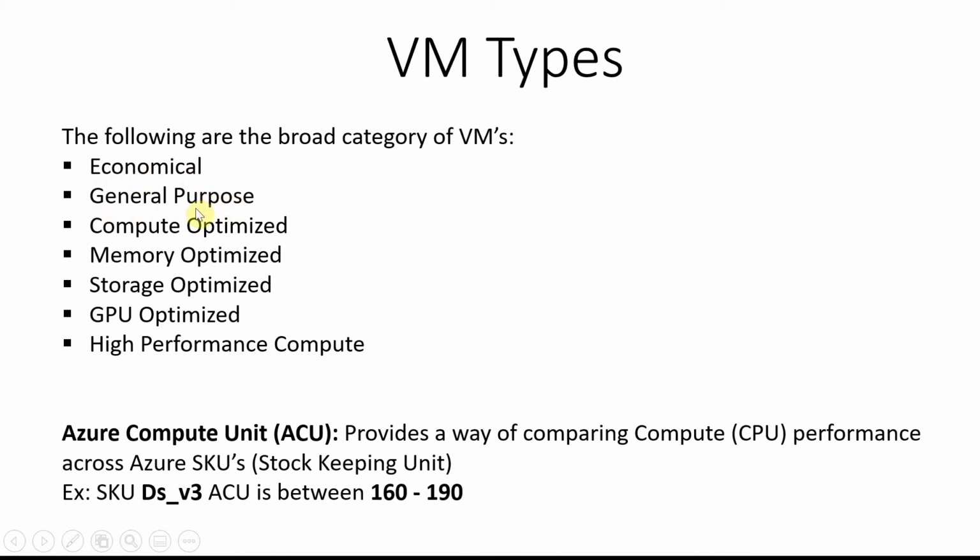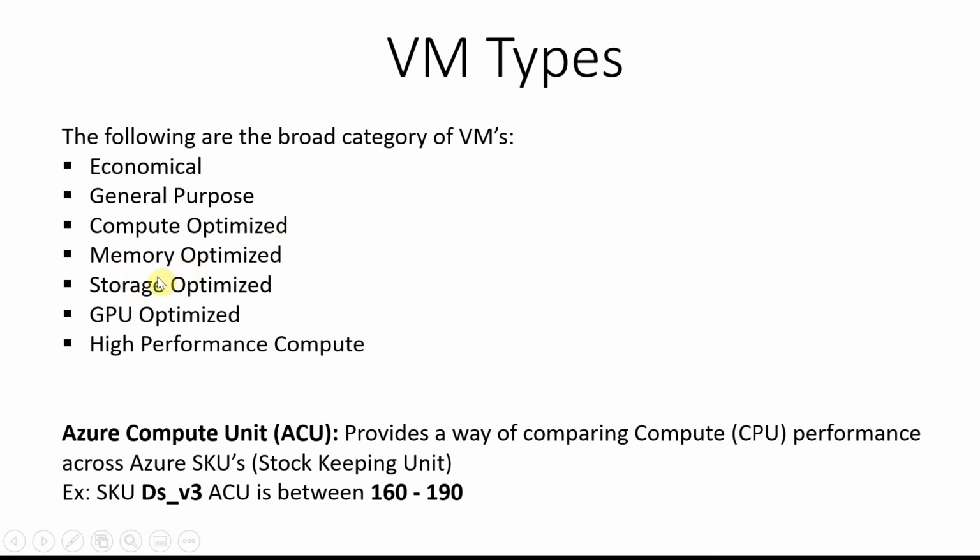General purpose is a balance of compute, memory, and storage, which should be suitable for most of the common requirements. General purpose would be sufficient, unless your workload is more compute intensive, then your compute optimized VMs would be a best fit.